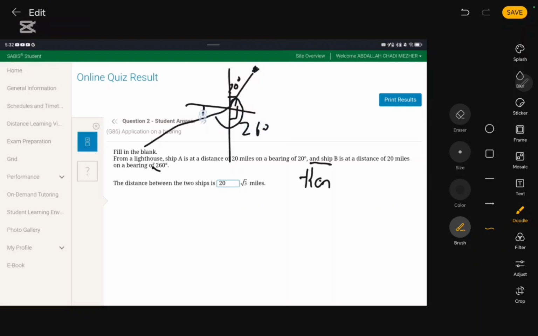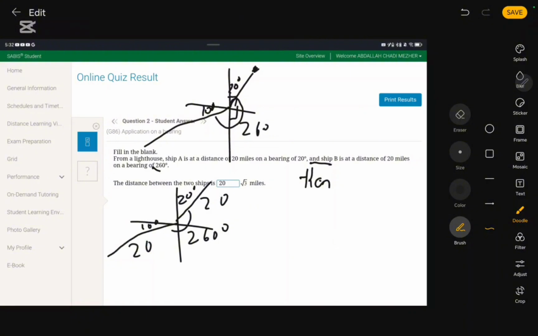Now we know this one's 10 because 270 minus 260. And they need to find the distance between the two ships. So let me just redraw it for a clearer image. It's gonna be a line here, 20, a line here, 10. And between is 260, so like that. Okay, 20 miles on each, so we're gonna put 20 here, 20 here.